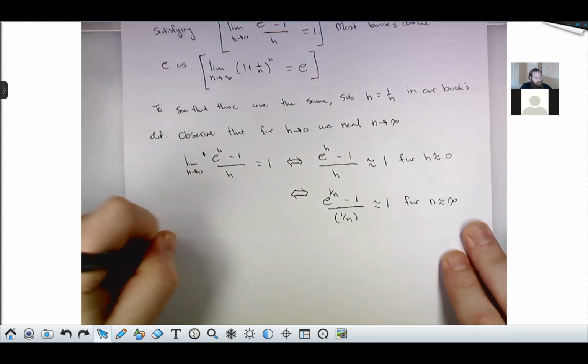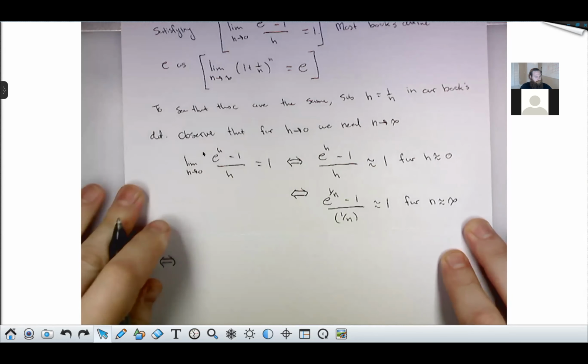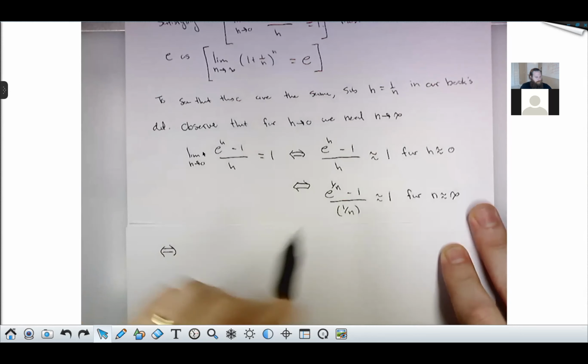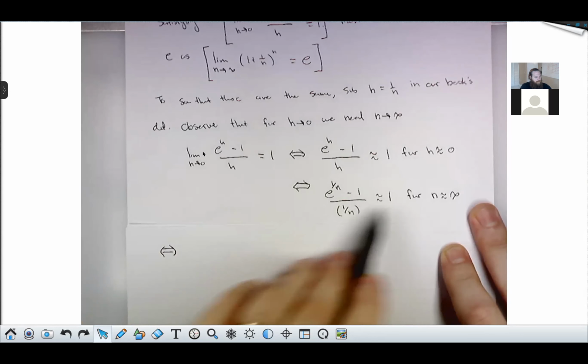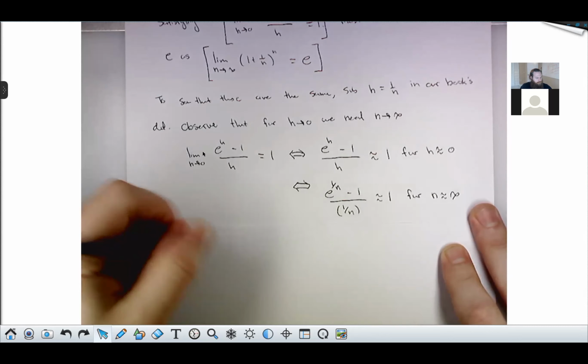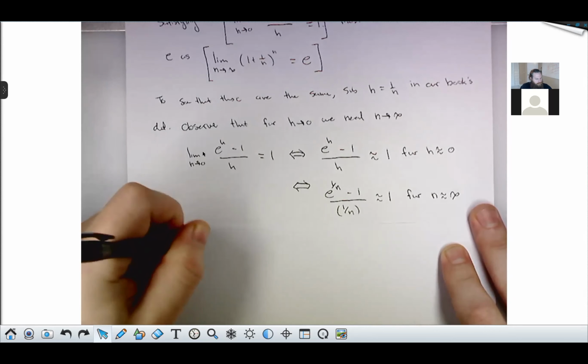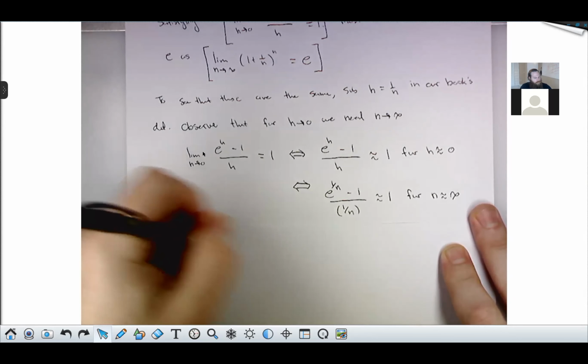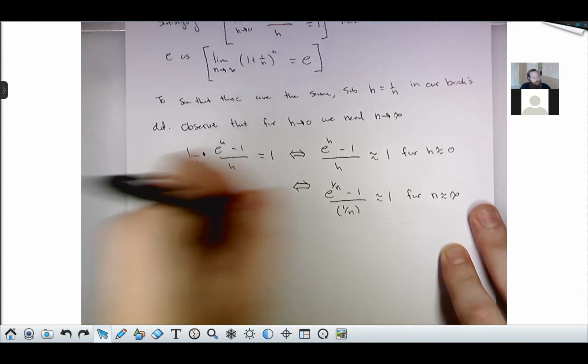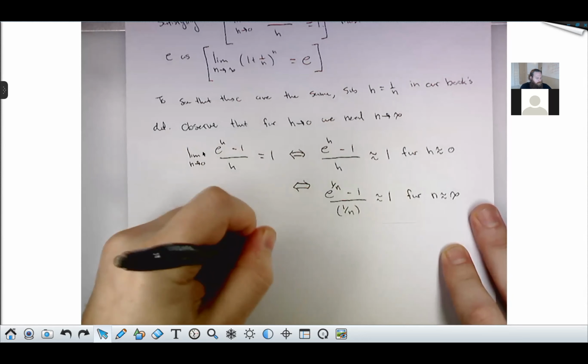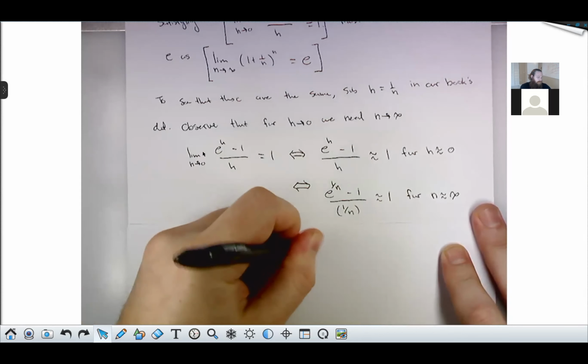I'm going to come over here. If I multiply both sides by 1 over n, this will become e to the 1 over n minus 1 is approximately equal to 1 times 1 over n. Well, that's 1 over n, again, for large n.